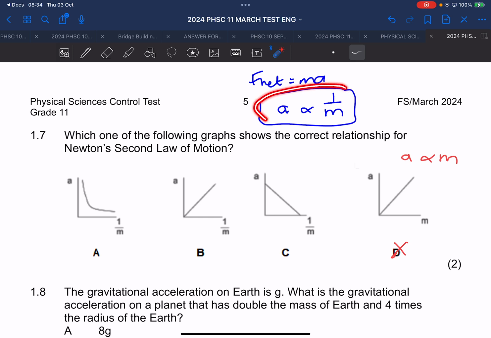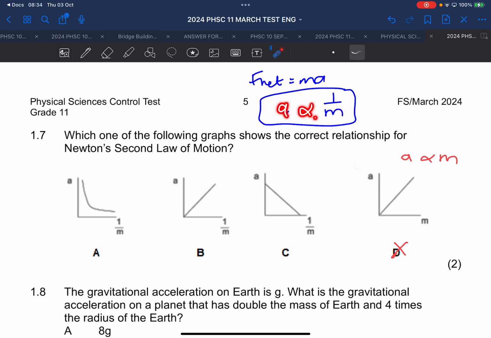If I have it like this, then this is on my y-axis. This thing is on my x-axis. Okay, so y-axis, x-axis, like you can see there. I can read this in two ways. I can either say acceleration is inversely proportional to mass, or I can read it, acceleration is directly proportional to 1 over mass.